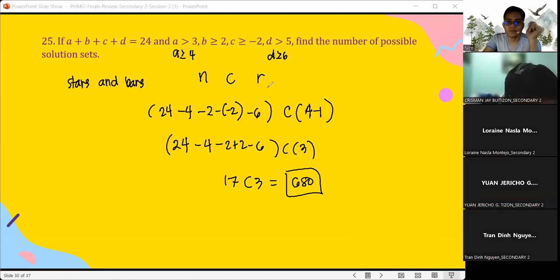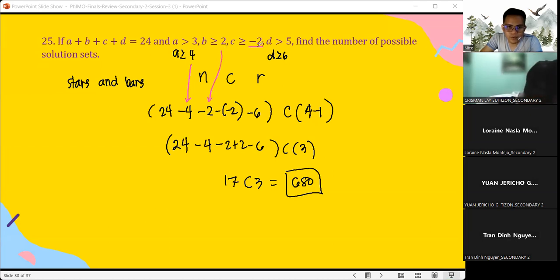Take note, you cannot do decimals, right? Because a plus b plus c plus d is equal to an integer, meaning a, b, c, d should be integers. So if a is greater than 3, so the a value is greater than or equal to 4. That's why it's minus 4 here. Correct? This is minus 2.